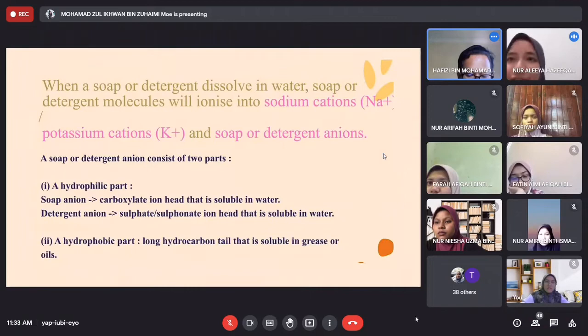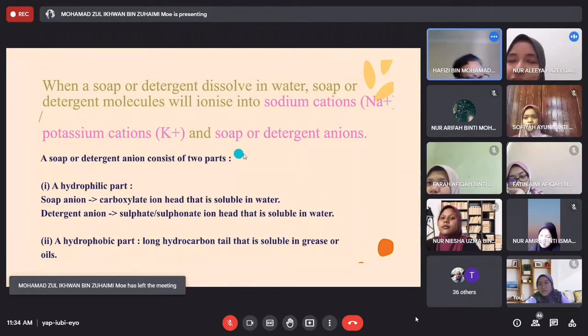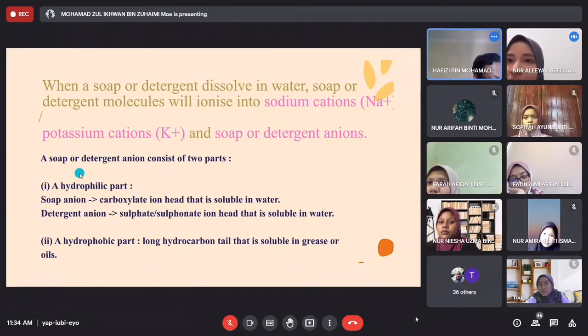When soap or detergent dissolves in water, the molecules will ionize into sodium cation or potassium cation, and soap or detergent anions. A soap or detergent anion consists of two parts.